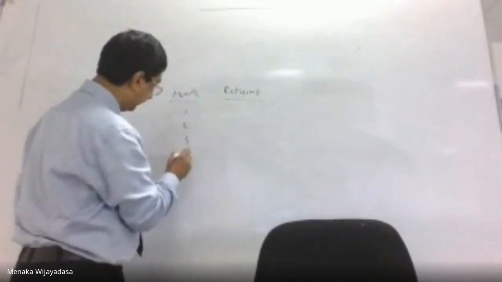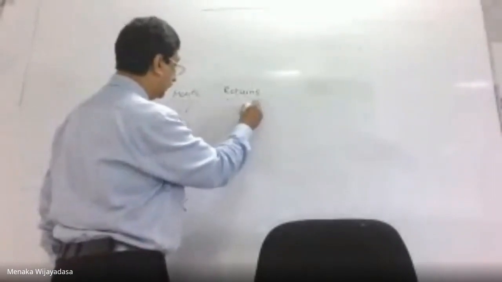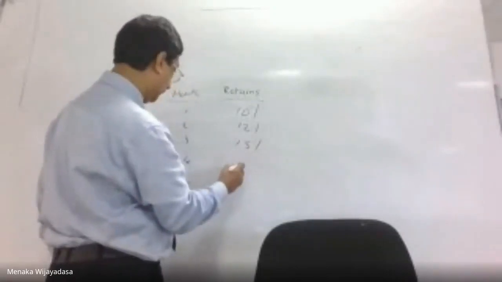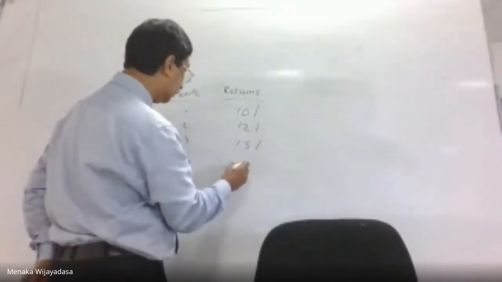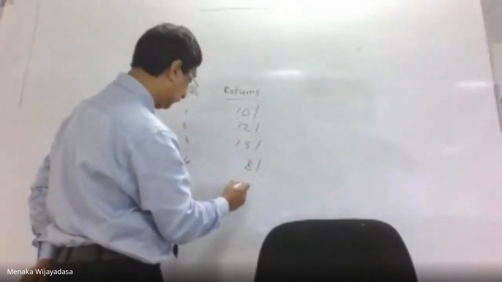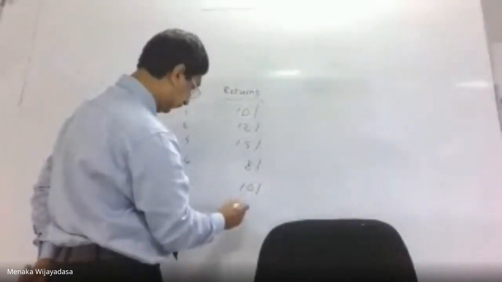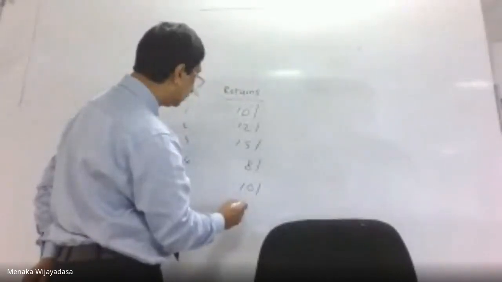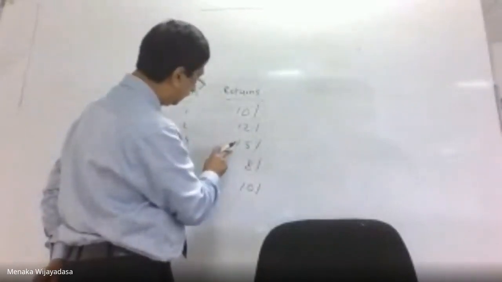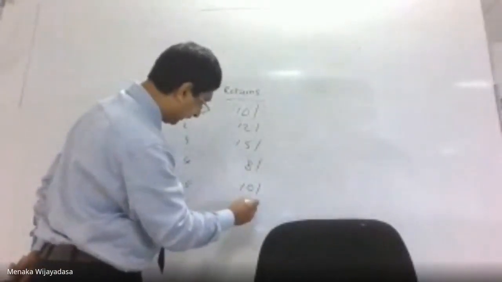One, two, three, 4, 5, 6. 10%, 12%, 15%, 8%, again 10%, again say 5%.